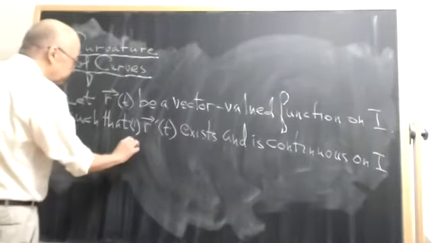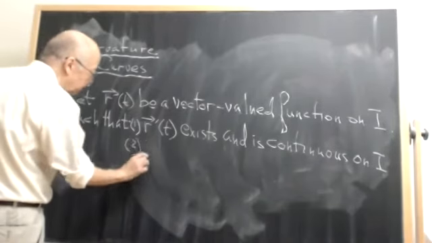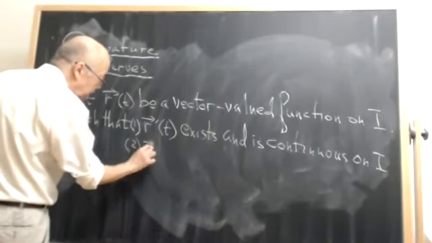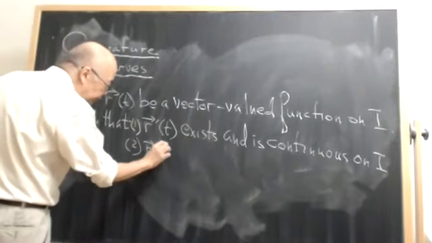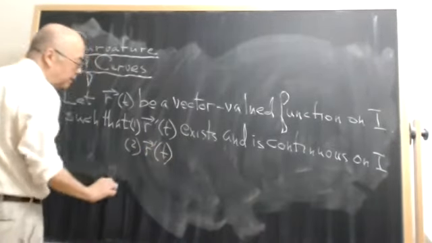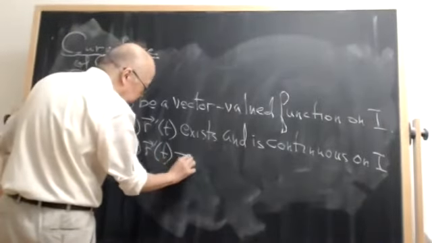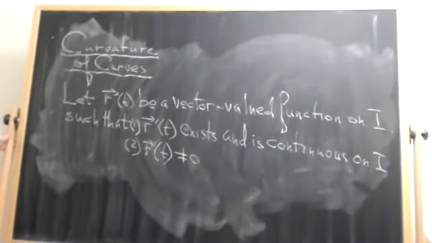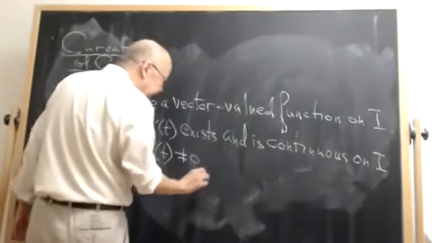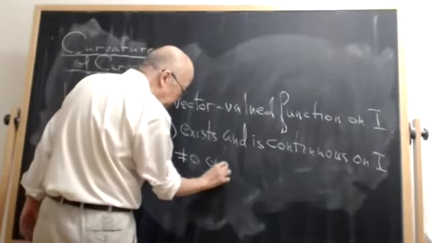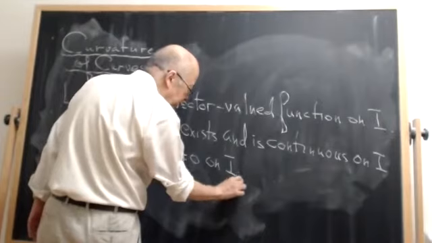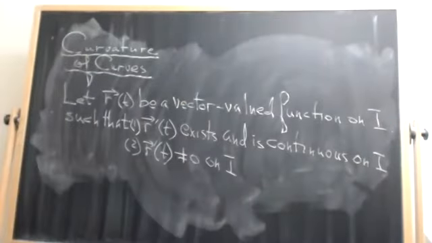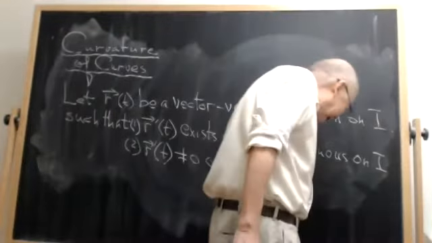Secondly, I want this derivative to be non-zero, again on the interval I. And I am going to look at this curve.